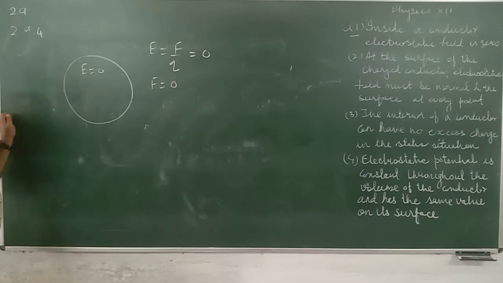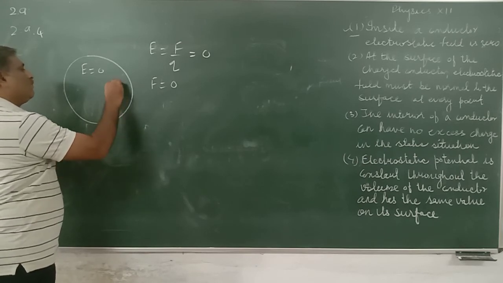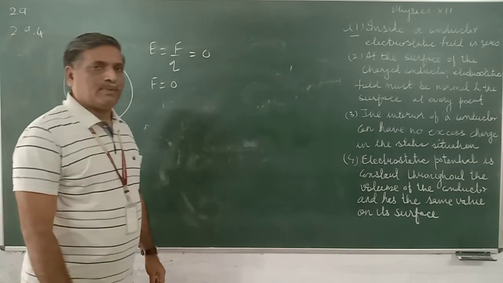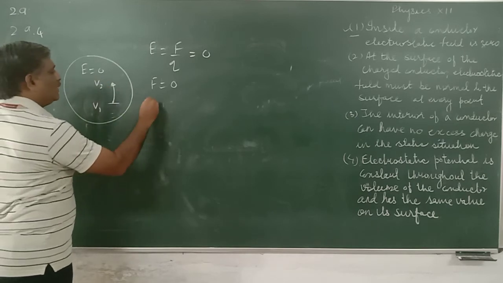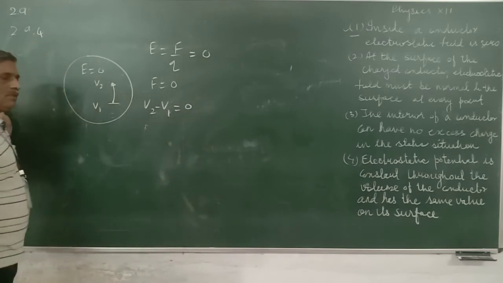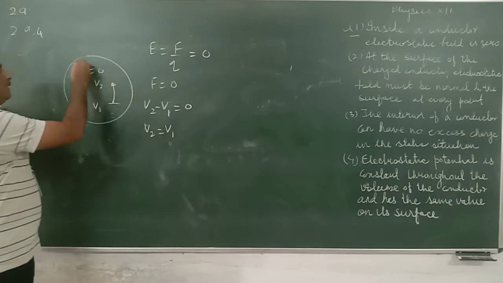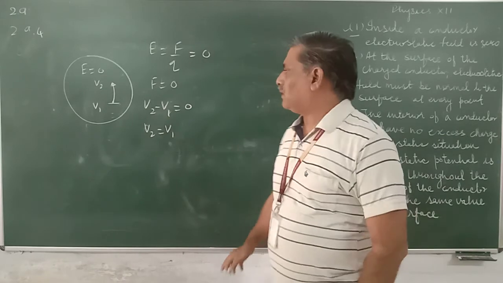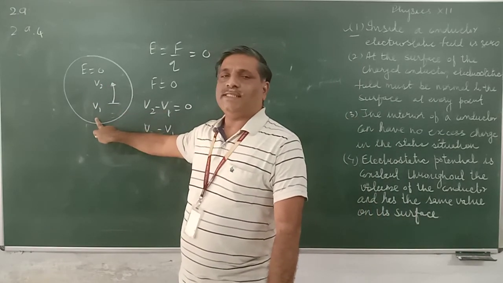So no force inside. To go from here to here, no work is done. So between these two points, V1 and V2, there is no potential difference. V2 minus V1 is equal to 0. It indicates that V2 is equal to V1. It means that inside the conductor, at all points, the electrostatic potential is the same.